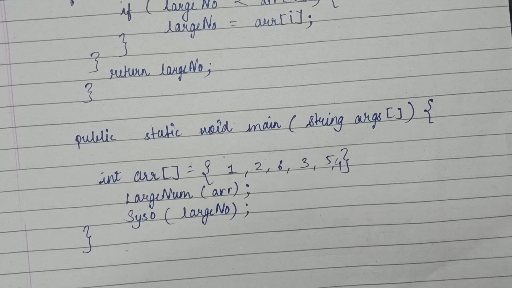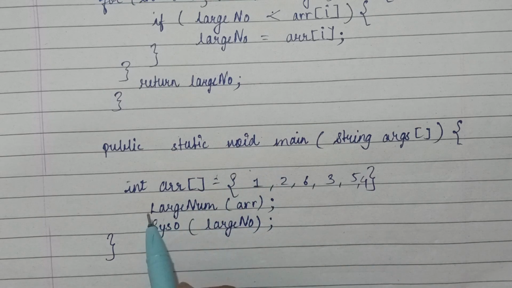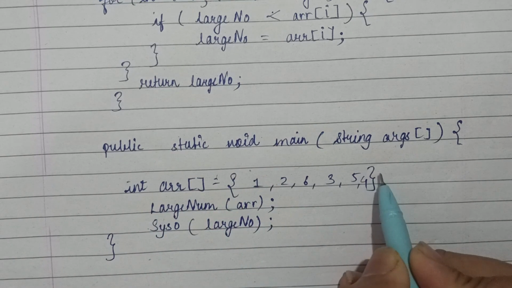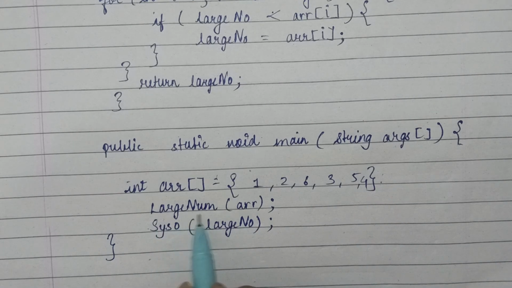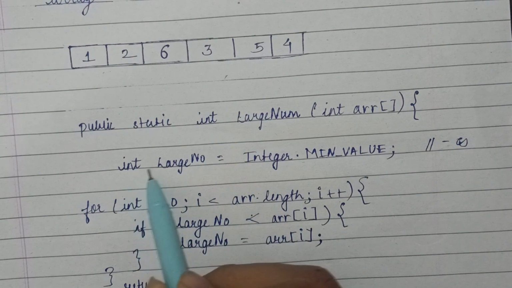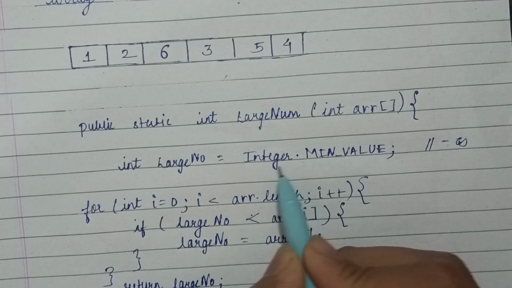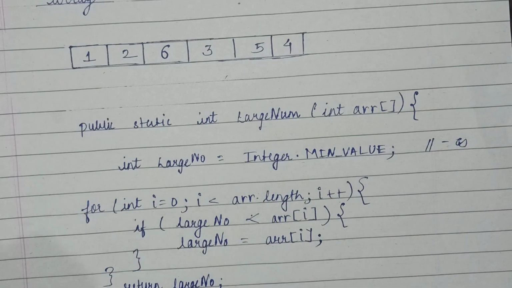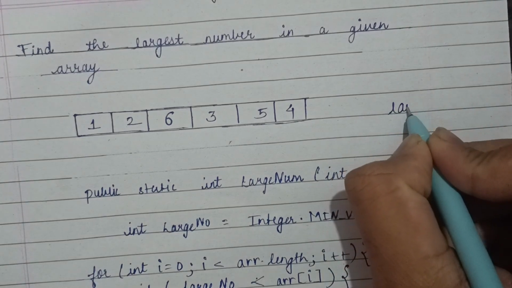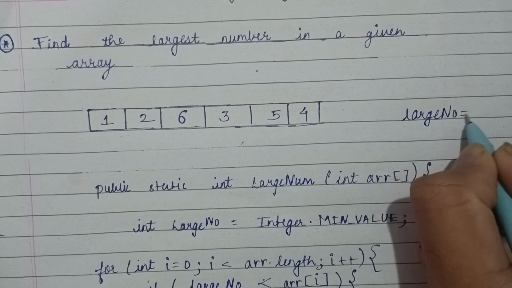So let's dry run it now. We'll start with the main function. Here is the main function, and here we have created an array. Here we have called the function largeNum, and the compiler will go there. Here we have created an integer largeNum and initialized it to minus infinity.